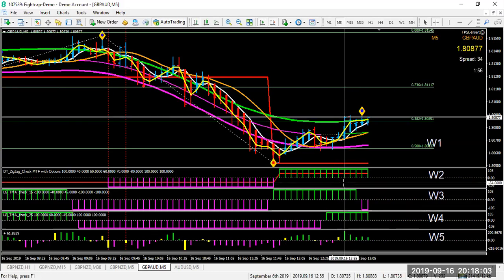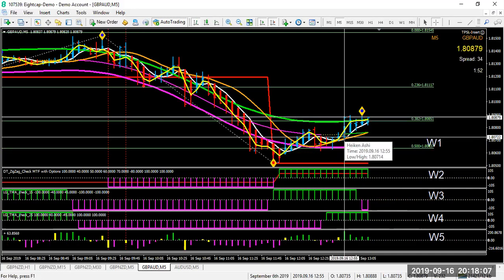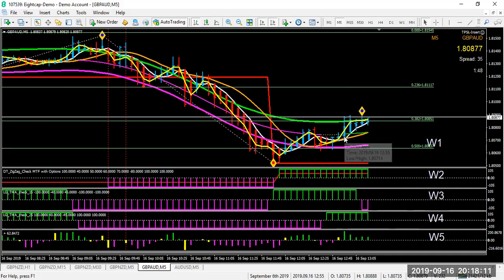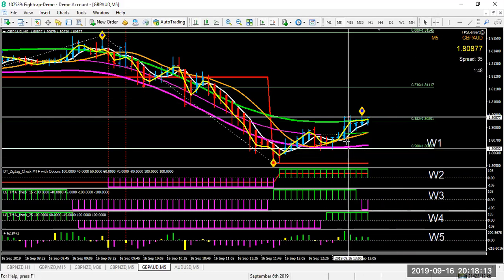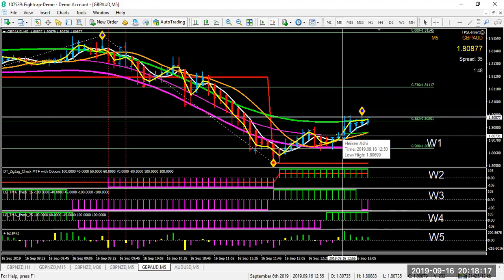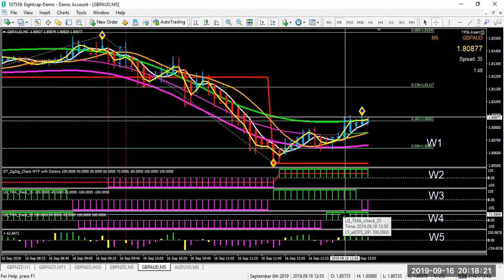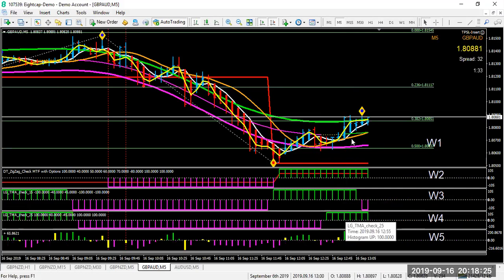We would have been alerted here that price wants to try again to go up. And we can see here, yellow's crossed above there, and we've got green in windows 3 and 4. We've got a dotted center line.